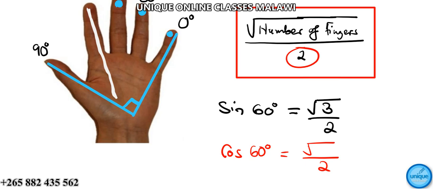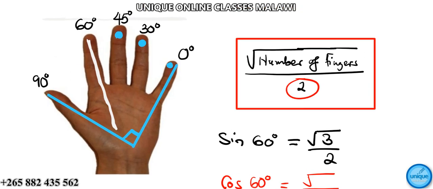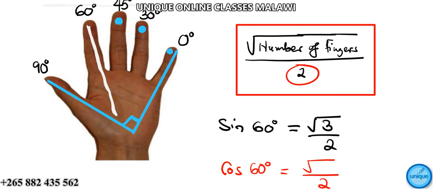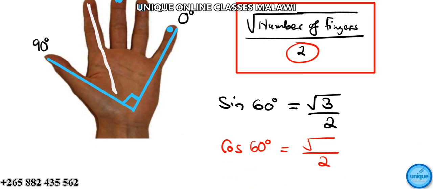Let's now count the number of fingers from 60 going to the left. You can see that going to the left there is this one finger here. So inside our cos root we put 1, so root of 1 is 1 then divide by 2.